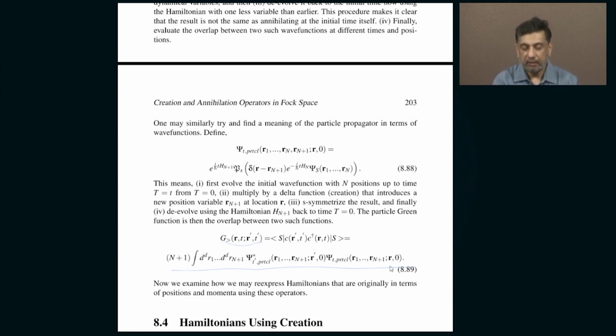The quantum mechanical overlap between these two states is basically what the particle Green's function is, because having inserted a particle, you will have one more position variable to integrate over. So instead of up to Rn, you have to integrate over up to Rn plus 1.